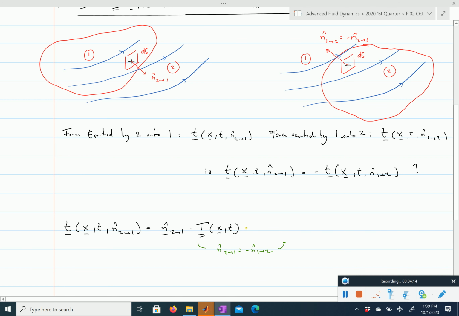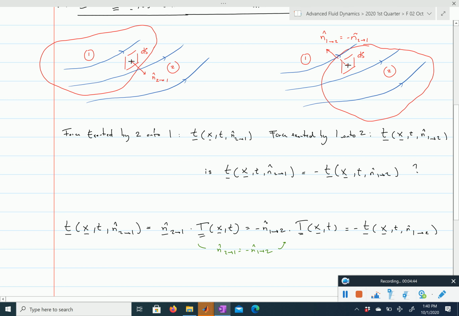And therefore this is equal to minus the normal vector of 1 onto 2 times the stress tensor. And this here is, by definition, the stress vector for the normal vector n from 1 onto 2. So this is then equal to minus the stress vector, and therefore minus the force exerted by 1 onto 2.